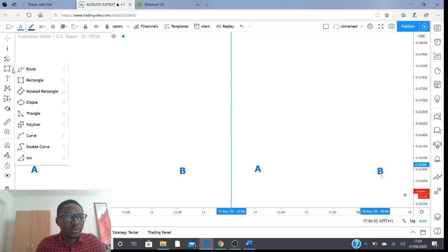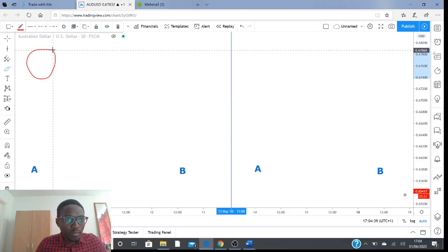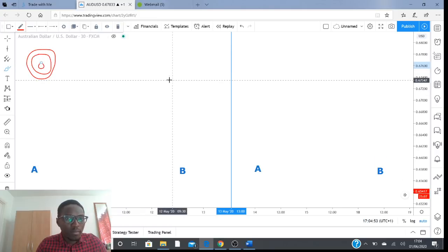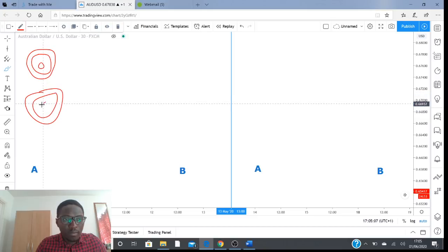And I'm going to do some drawings on the chart here. At this point, people are thinking, what the hell is this guy doing?